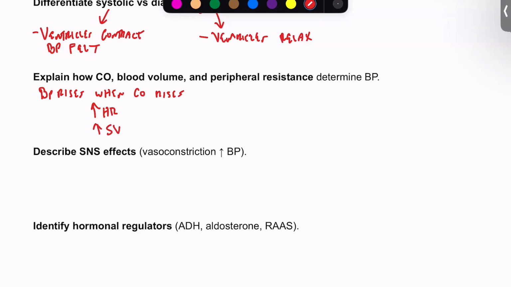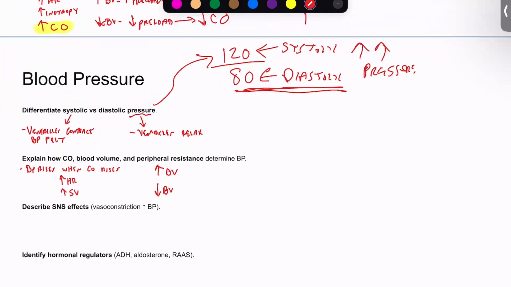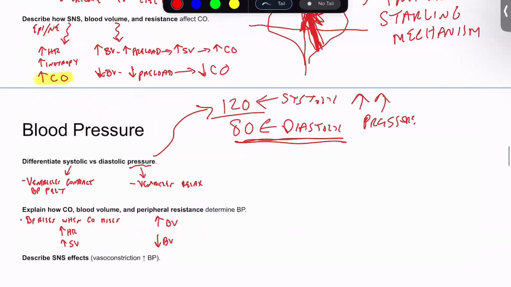And then obviously the opposite is true. So when BP falls, cardiac output falls. And then for blood volume, so when we have increased blood volume, again, actually, I'm not going to do it again because I have it right up here. Forgot I did that. This is answered by this one.